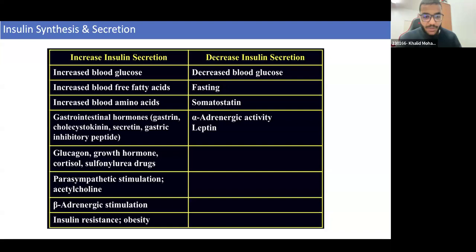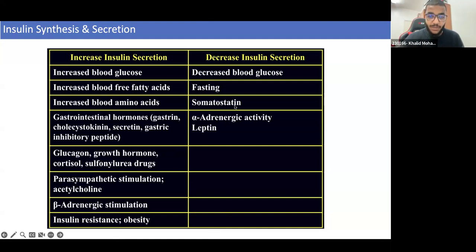There's also parasympathetic stimulation from the nervous system, beta adrenergic stimulation, which is epinephrine and norepinephrine. And finally, insulin resistance or obesity, and we'll come to talk more about that later when we discuss diabetes.